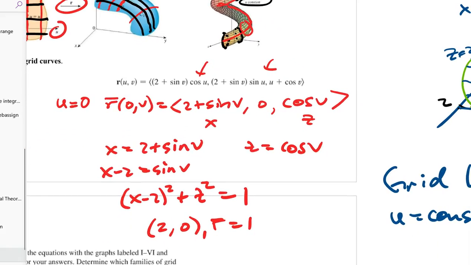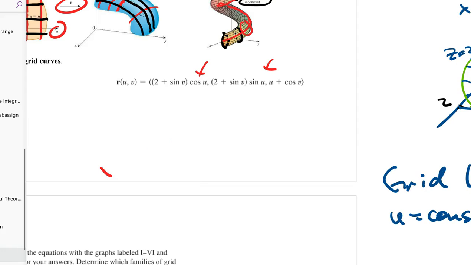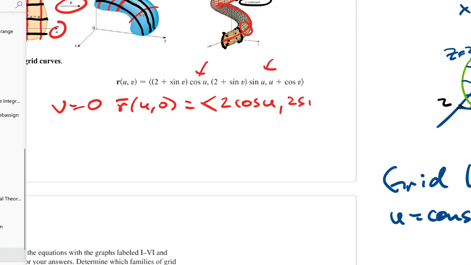Now, whenever you take v to be a constant, let me erase all this. You'll see that we have helixes, or helices if you want. Let's say v is 0 this time. So we get r of u, 0: sine of 0 is 0, so we get 2 cosine u, 2 sine u, u plus 1, because v is 0.